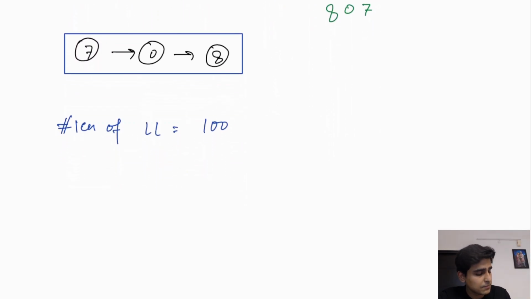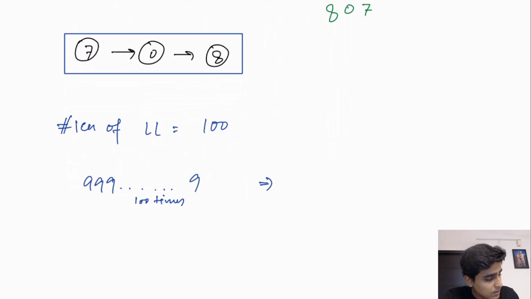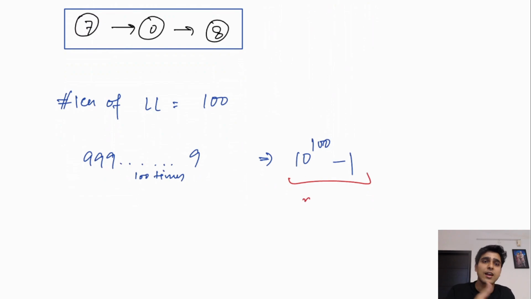This is nothing but 10 raised to the power 100 minus 1. Now can we store it in any type of integer, long, whatever data type? You cannot store it, right? That is why you have to solve it in the linked list itself. You cannot convert the linked list to a number and then add it.